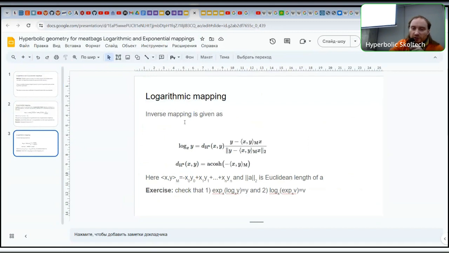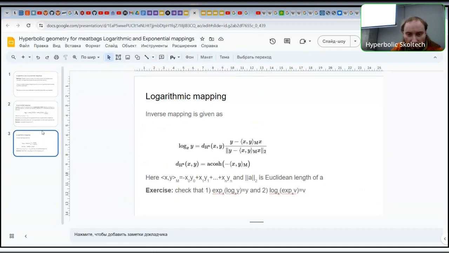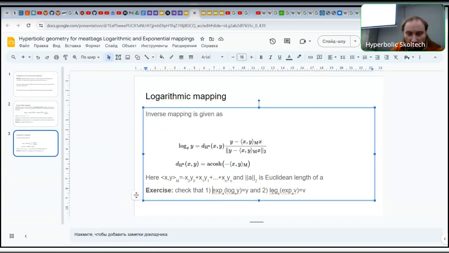And here is an inverse mapping, from the hyperbolic plane to any tangent vector space, given by this formula. Actually, you can check that these formulas are inverse to each other. So the two functions are functional inverses of each other.